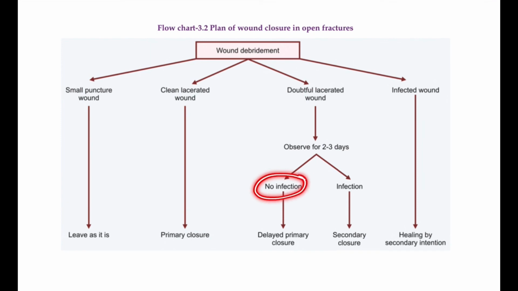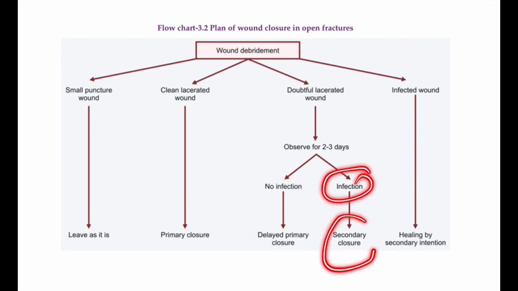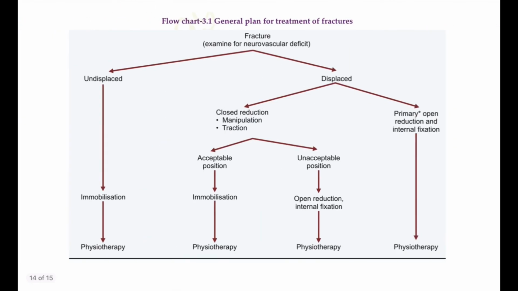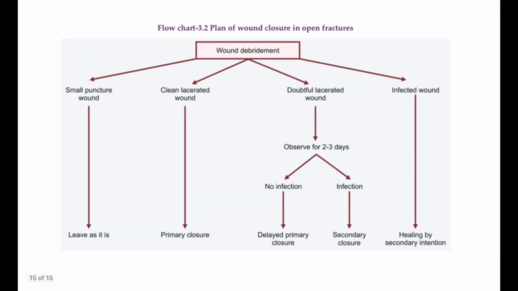Then if no infection is there, then delayed primary closure we will do. If infection is there, then secondary closure we have to do. If infected wound is there, then healing by secondary intention. Okay, so this one was the general plan for the treatment of fractures, and this one is for the wound closure in open fractures.